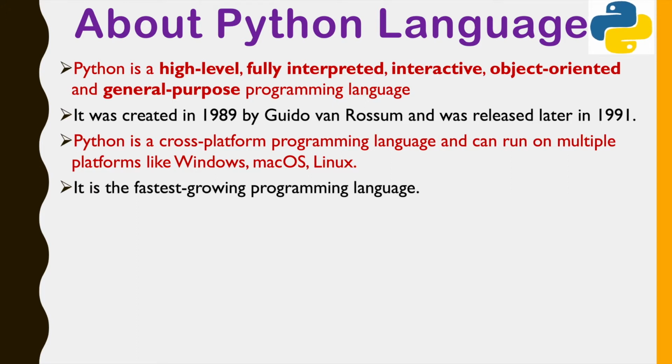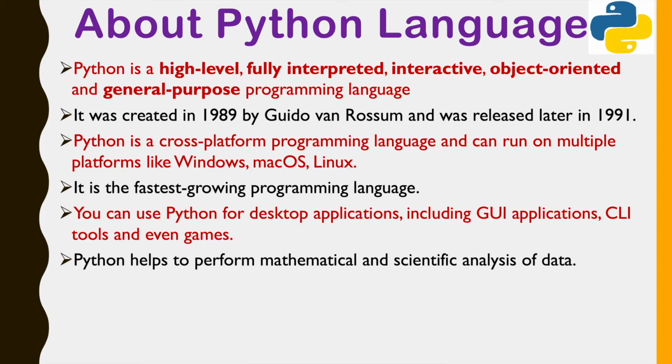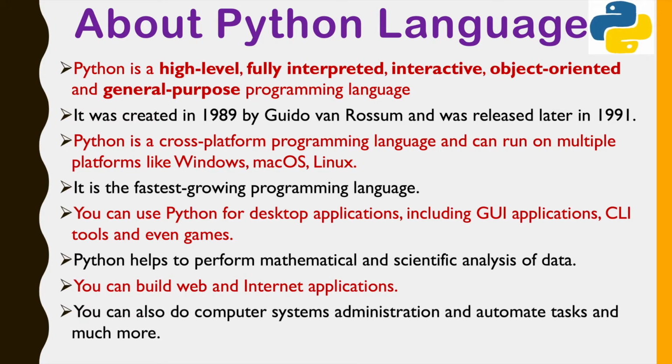It is the fastest growing programming language. You can use Python for desktop applications including GUI applications, CLI tools, and even games. Python helps to perform mathematical and scientific analysis of data. You can build web and internet applications. You can also do computer systems administration and automate tasks and much more.